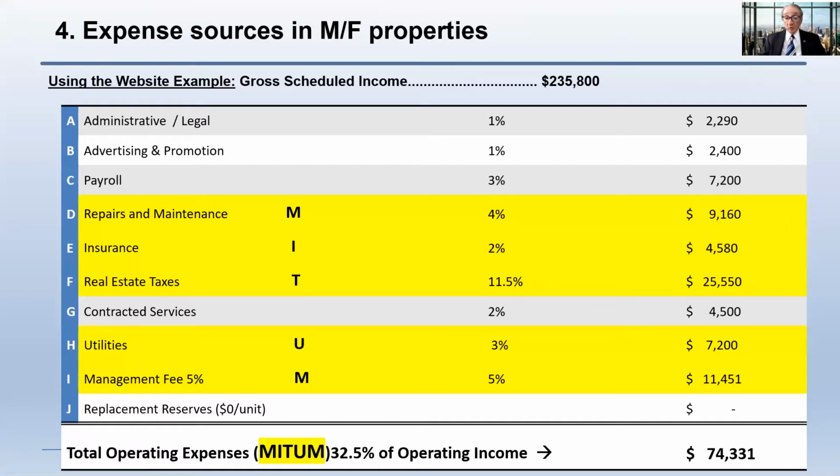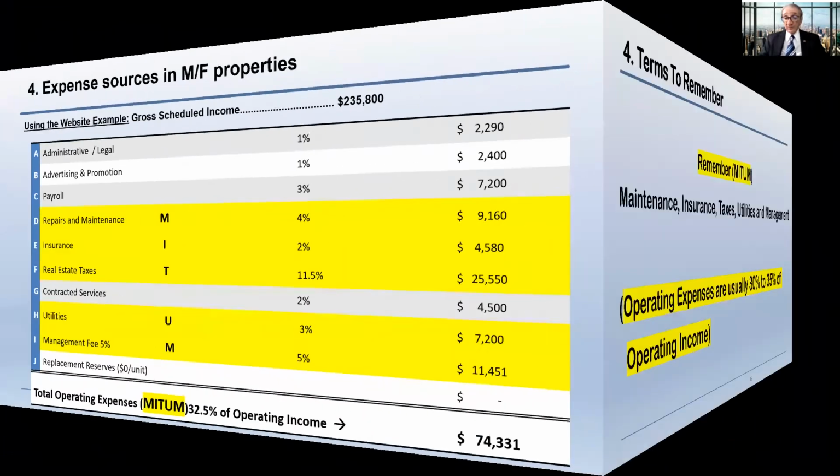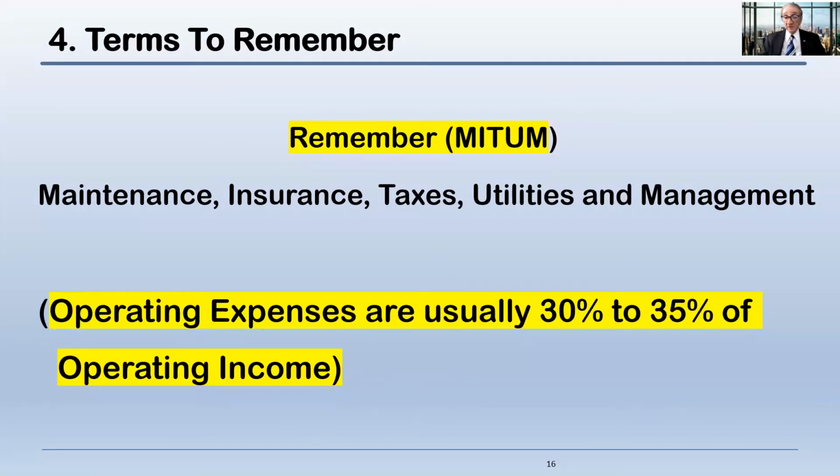Anyways, I have to remind you that if you're going to forget anything, do not forget that there are five main and important elements. These elements are maintenance, insurance, taxes, utilities, and management.